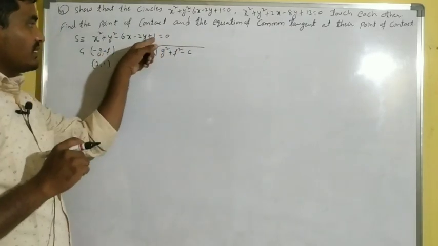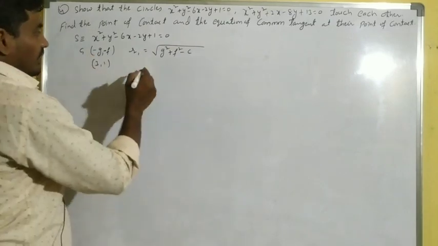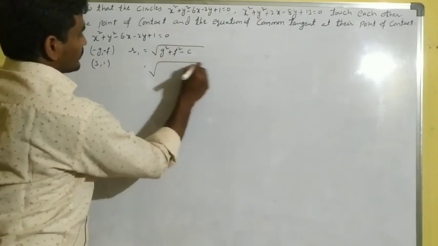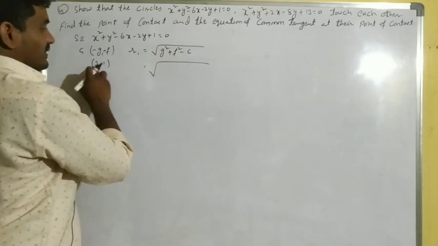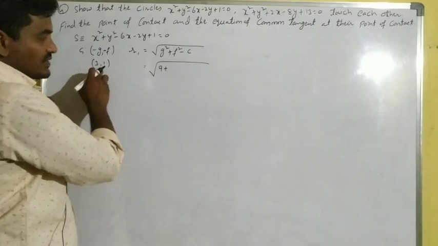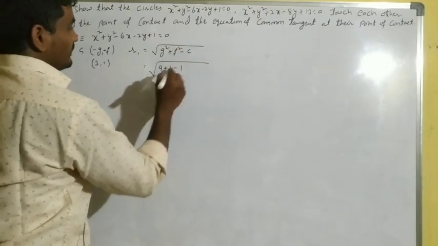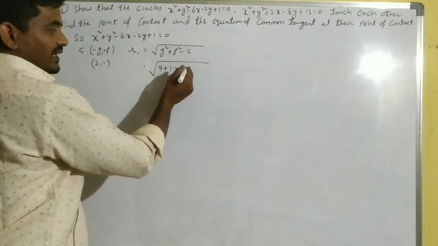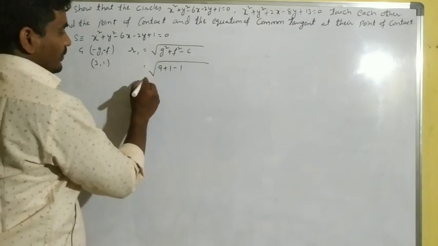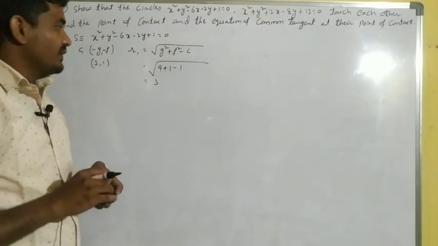Here c is 1, and g and f are known, so we substitute. g square is 3 square, which is 9, plus f square is 1 square, which is 1, minus c equals 1, so 9 plus 1 minus 1 is 9, root 9 equals 3. So finally R1 equals 3.